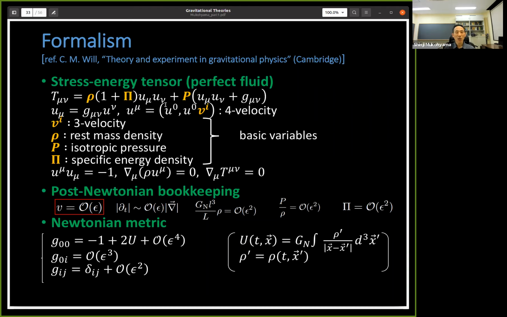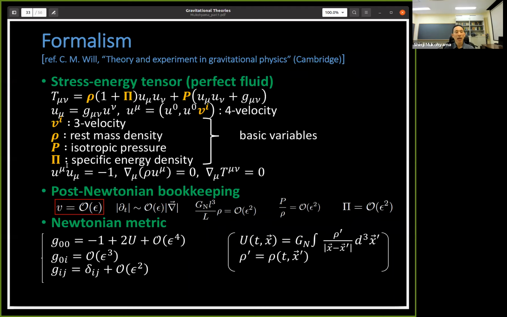This stress-energy tensor is characterized by 3-velocity, rest mass density, and isotropic pressure, because the perfect fluid by definition is isotropic. So we don't have anisotropic stress, but just isotropic pressure. And also we introduce a specific energy density.